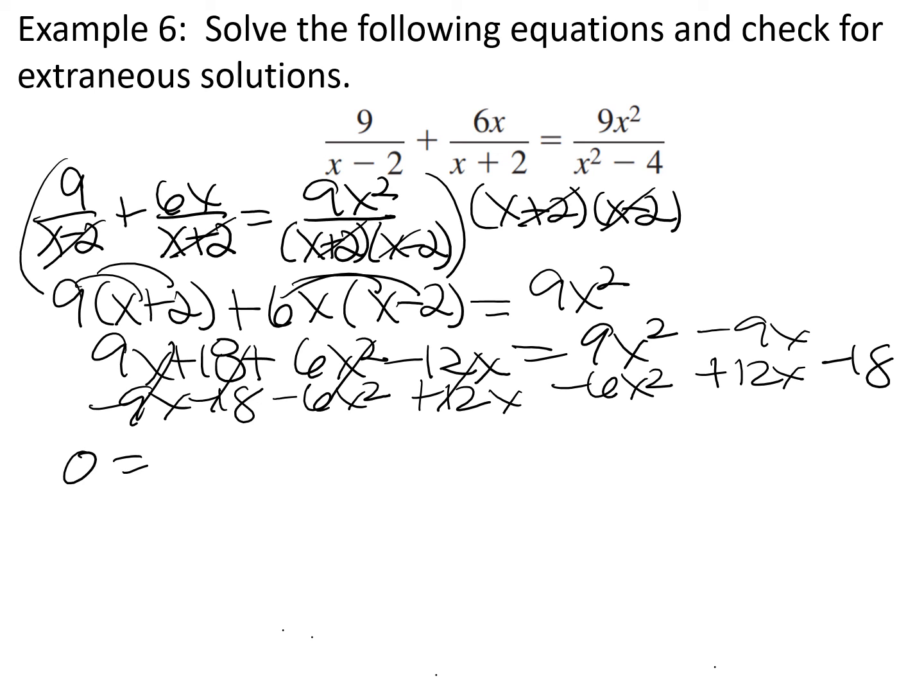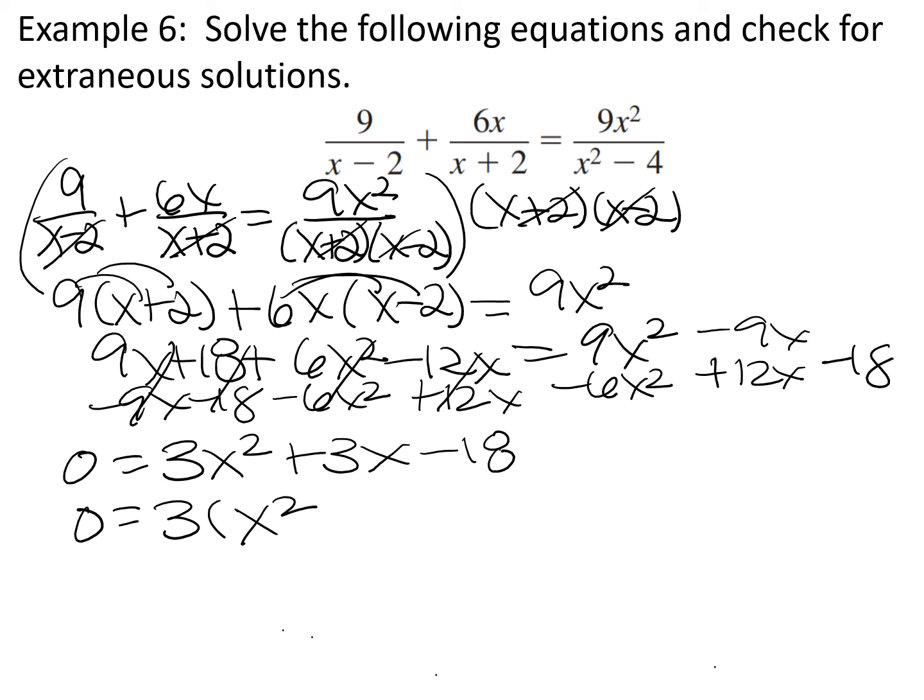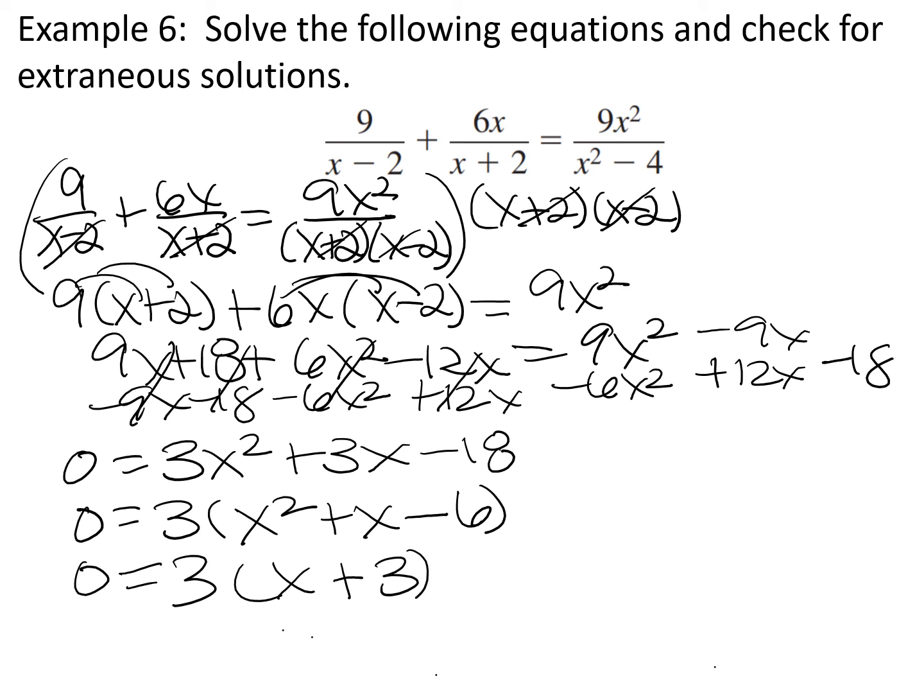That way I can get 0 equals 3x squared plus 3x minus 18. Now my GCF is a 3. I can factor that out. Okay, so then I could have 3 times x plus 3 times x minus 2, giving me x equals -3 and x equals 2 as possible solutions.